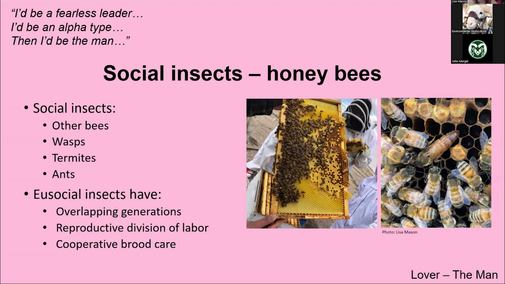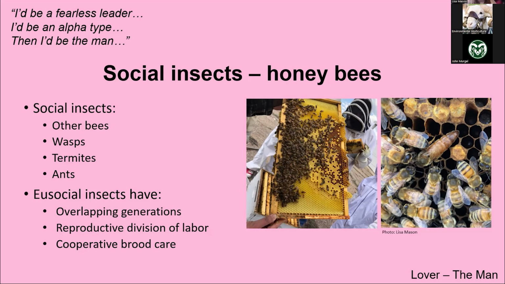Social insects are defined by three different characteristics: overlapping generations within the colony; a reproductive division of labor, which means there's only one queen and she's the only one that lays eggs, and it's the colony's job to protect her because she ensures the survival of the colony; and cooperative brood care. So when insects reach a certain number of days old, for honeybees, it's like 9 to 10 days.